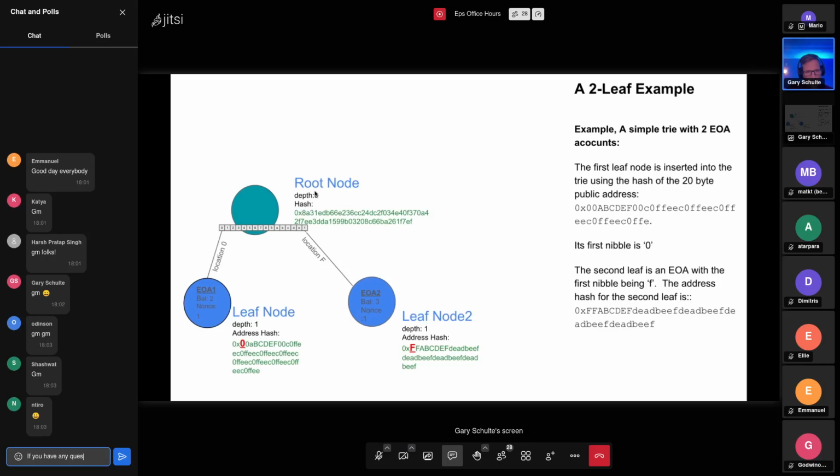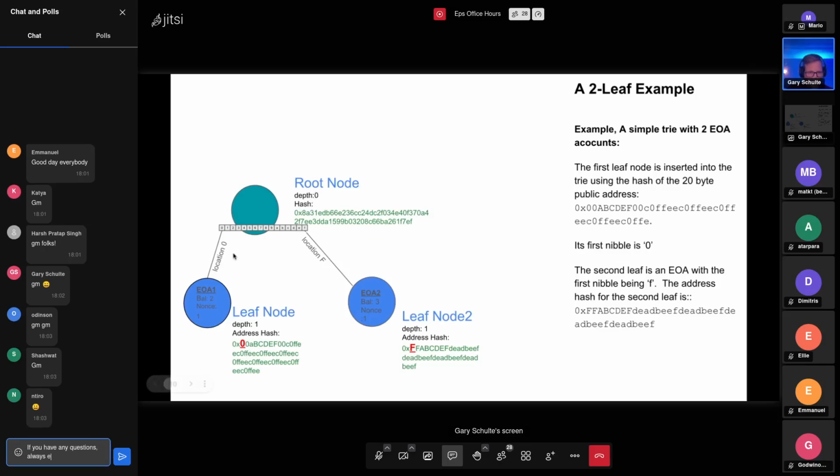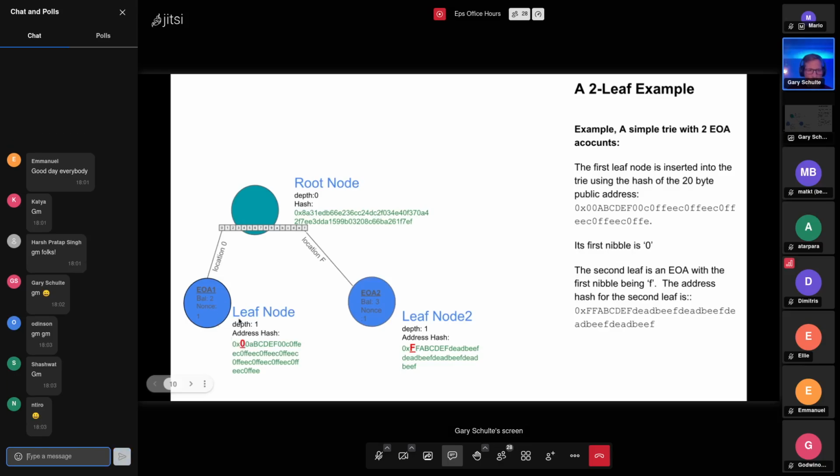So when we insert these into the tree, the root node is going to be a branch node, and the first nibble of this leaf address will be 0. So the hashed value of this leaf node will go into location 0 of this root node, and the first nibble of the second EOA is F, so that's going to go in the F location.